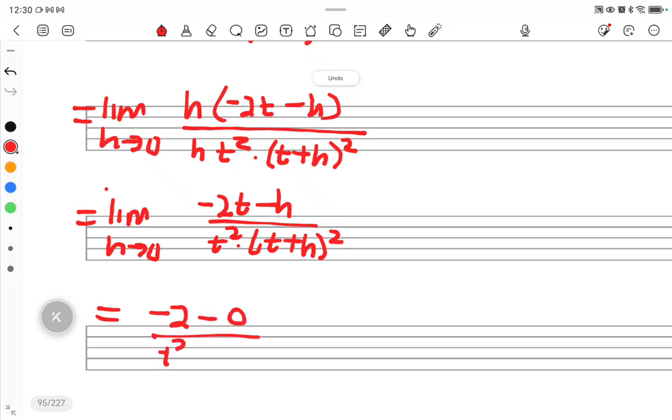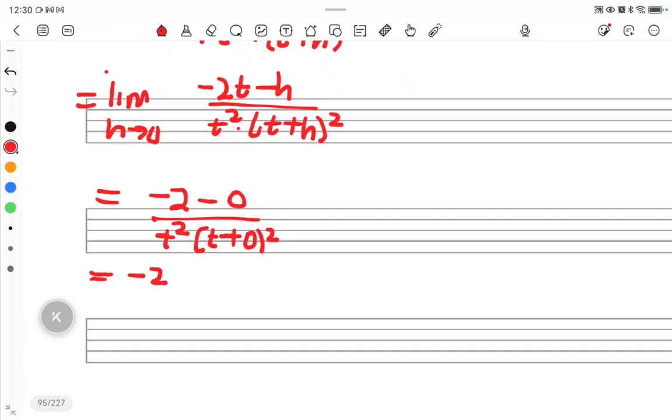It's t squared times t plus 0 squared, and this would be minus 2 over t to the 4. You see, right? Then that will be the case. So, any question?